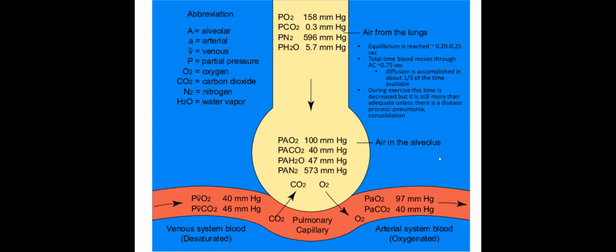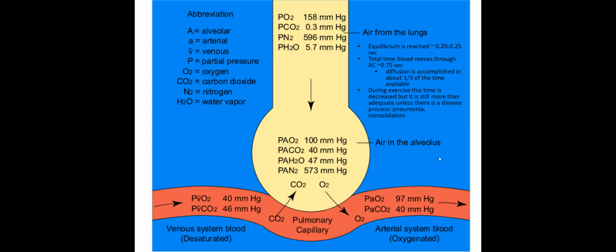If we think about the driving pressure for carbon dioxide and oxygen: in the alveolus, we have 100 millimeters of mercury oxygen. But in the capillary, we have 40 millimeters of mercury. That means we have a driving pressure of 60. So oxygen is going to diffuse through that alveolar capillary membrane pretty nicely because it's a nice, strong driving pressure of 60 millimeters of mercury.